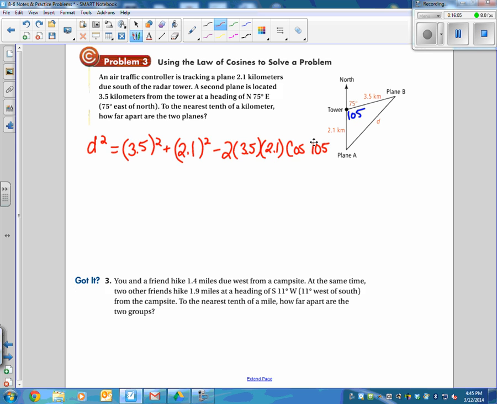Angle 105. Okay, and we'll punch all of that into our calculator, and you'll find that D is going to be about equal to 4.5 kilometers. Okay, so punch that in and see if you can successfully get that approximate answer.